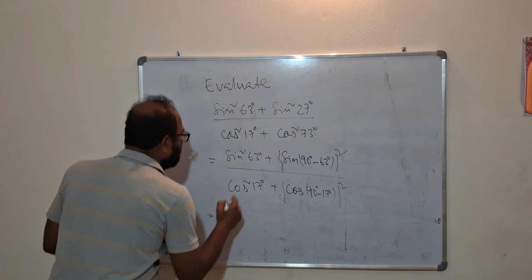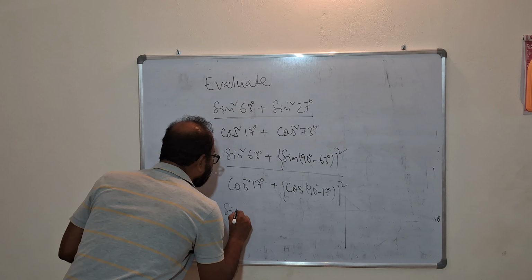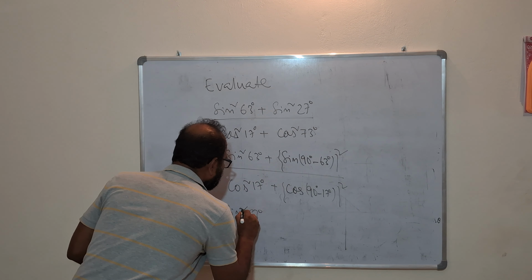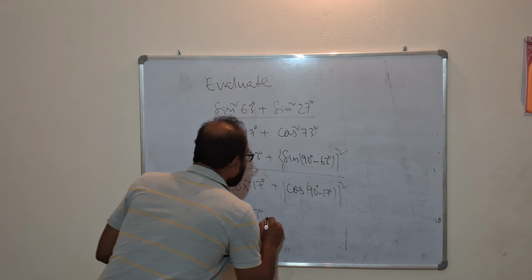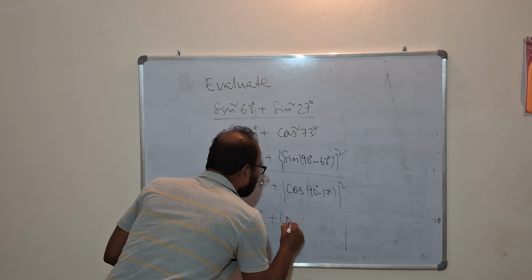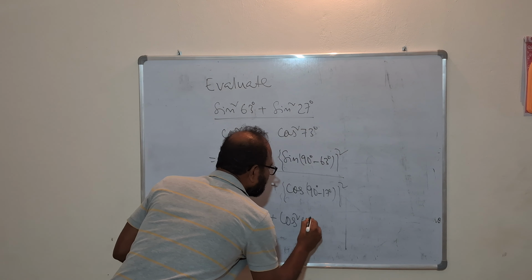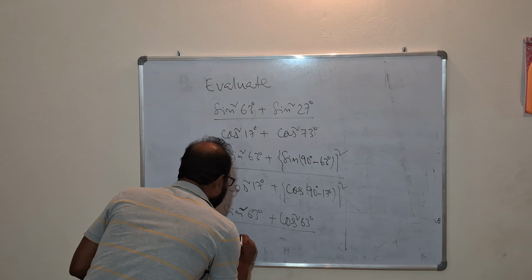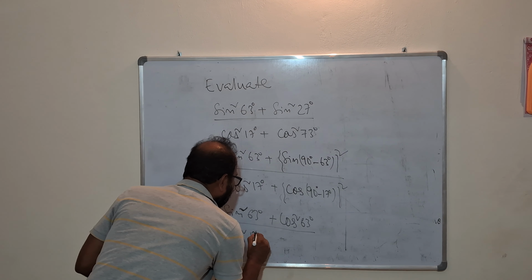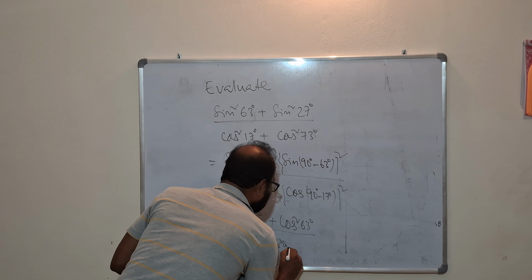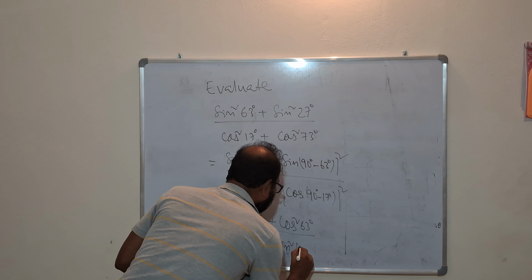Now what you will do? Sin square 63 degree plus, sin 90 minus theta is equal to cos theta, so cos square 63 degree, by cos square 17 degree plus, cos 90 minus theta is sin theta, so sin square 17 degree.